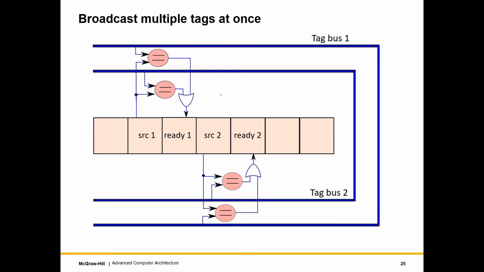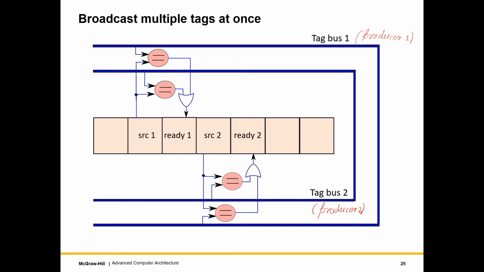So we actually need multiple tag buses, one for each producer. So this can be producer instruction 1, and this can be producer 2. So the producer instructions can broadcast their tags.